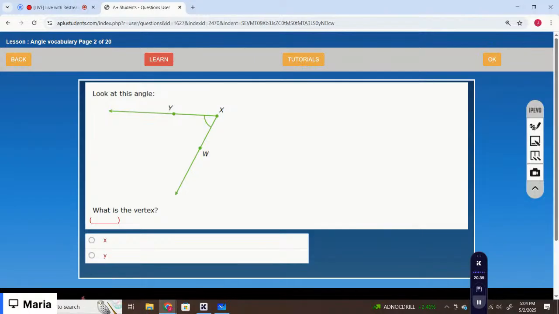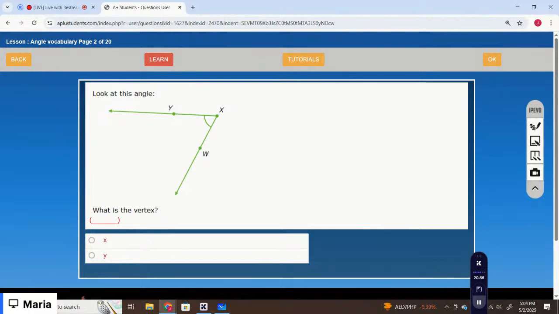Look at this angle. What is the vertex? X is the vertex.